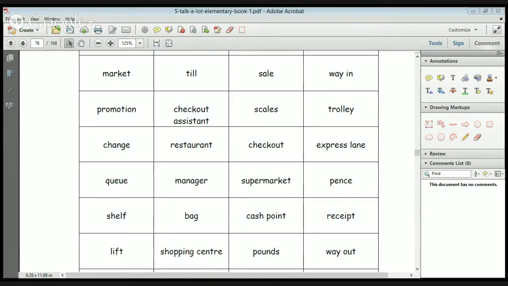Last week in my lesson on YouTube, we looked at spelling and sounds, and we talked about 5 rules for finding spelling and sound. For example, let's have a look at the word till.